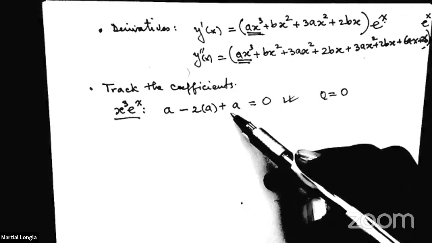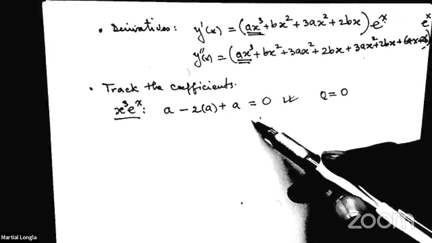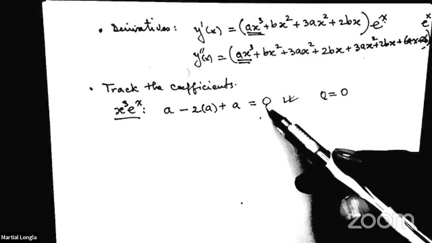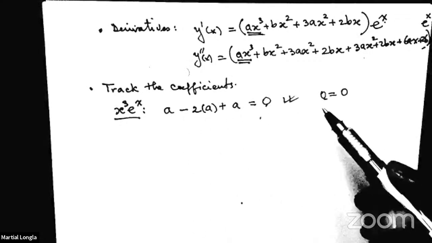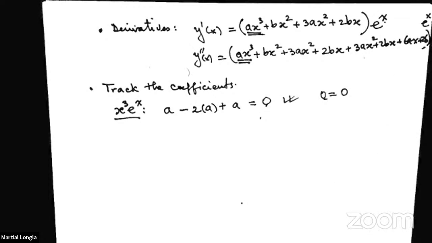There is no way a can be equal to 0 here, because it's 0 equals 0. All the a's have disappeared. Everything has disappeared. You can't solve this. Anything is a solution. So don't force it to get a solution that you continue using. I always say this, and I always find one or two people that do just what I said not to do.